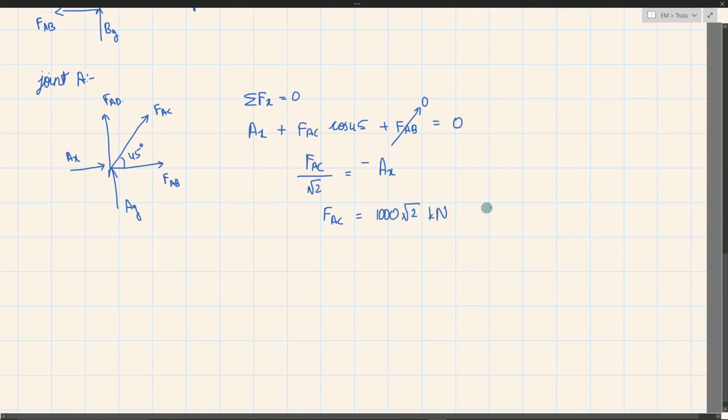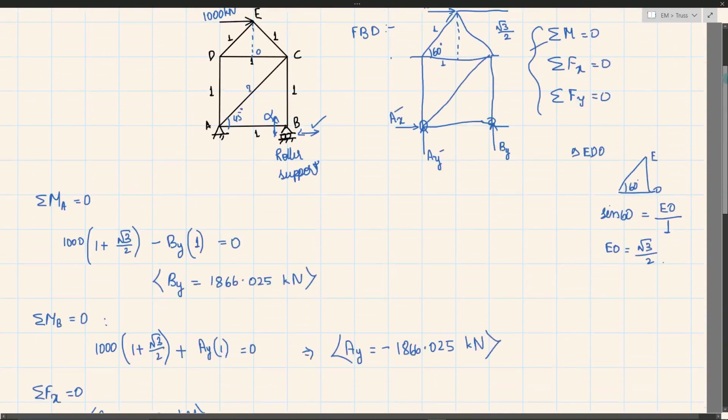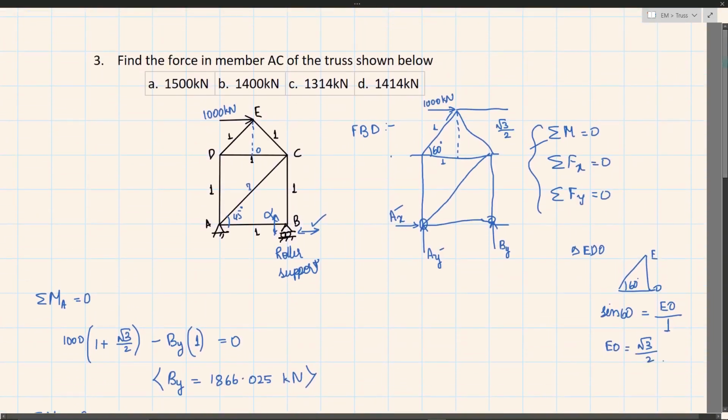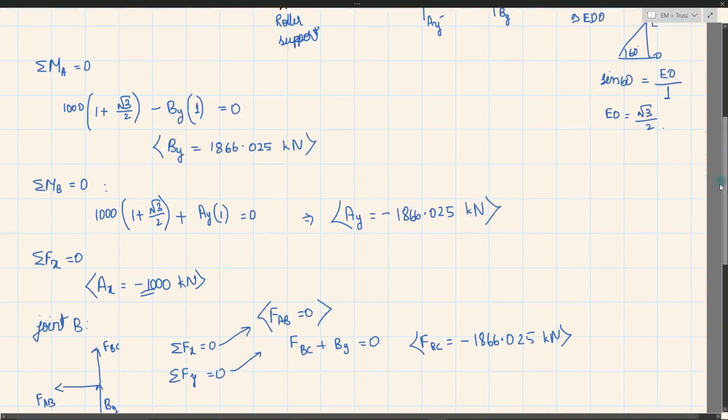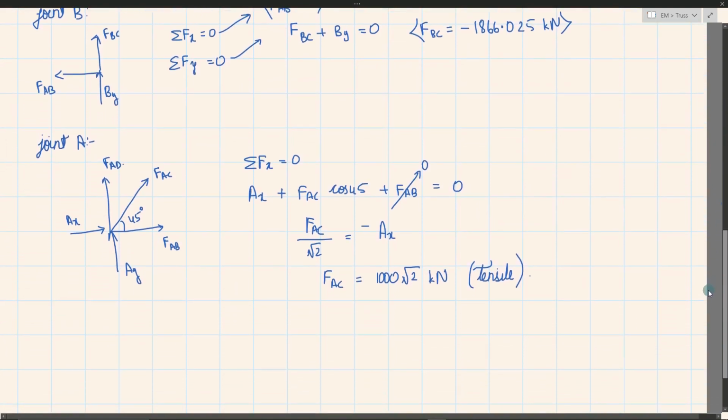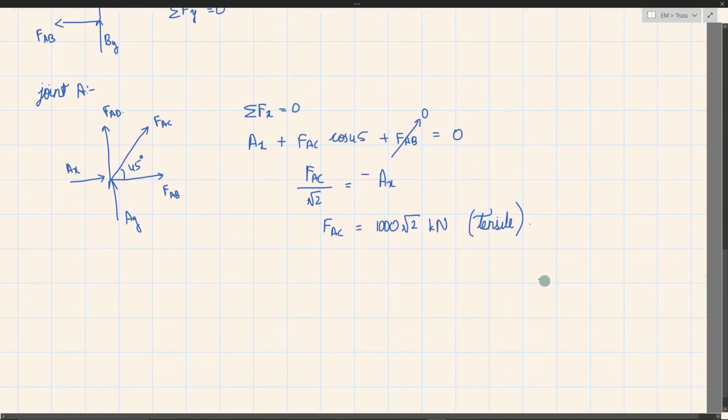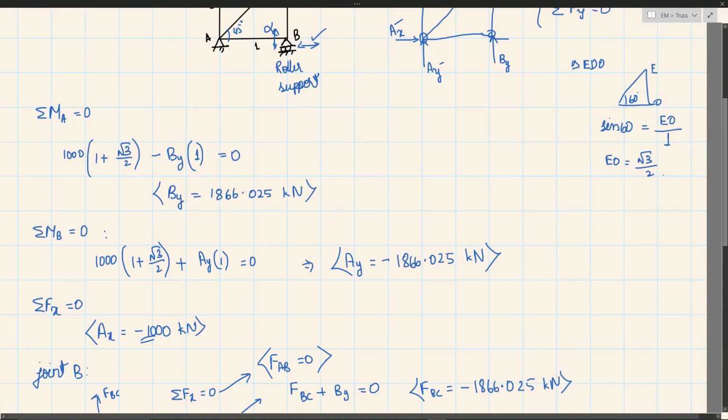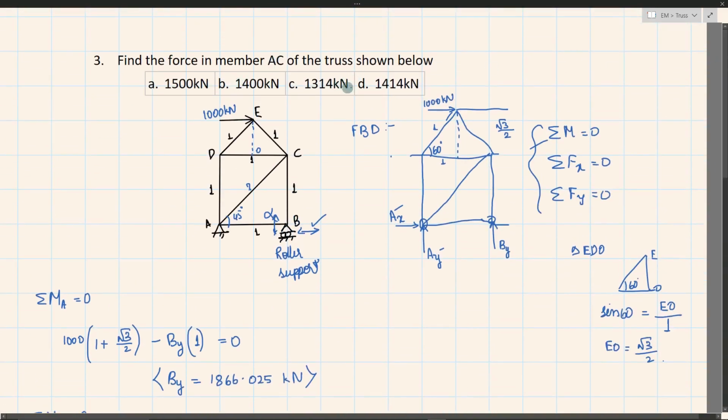Since we have a positive sign, this is tensile. If you simplify this, I will have 1414 kilonewton, right? So the correct option is option D.